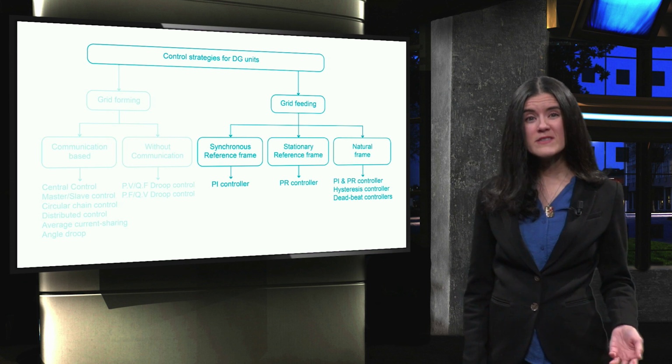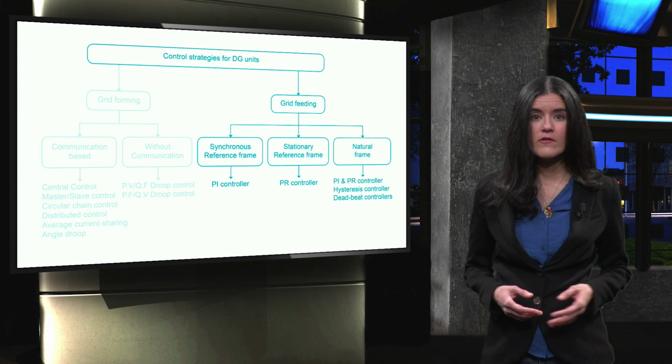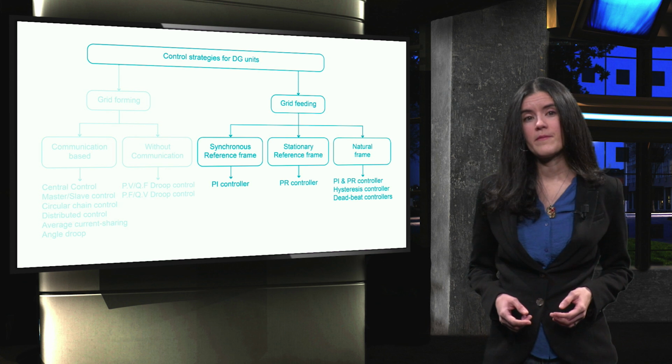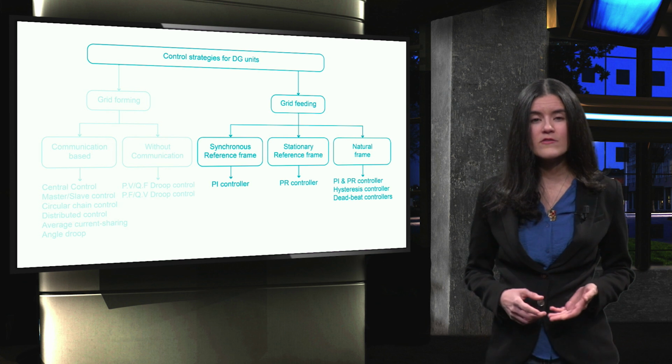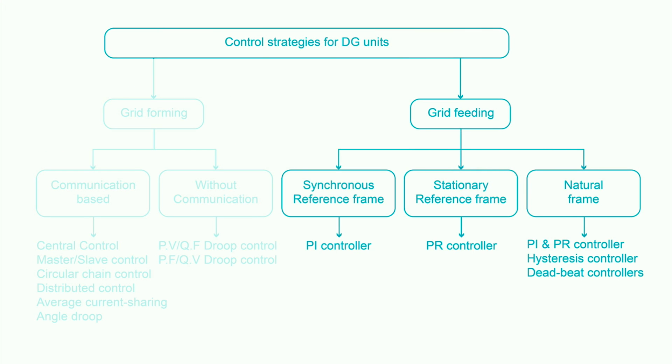Grid feeding types are typically implemented using synchronous reference frame, stationary reference frame, and natural frame. We have seen already that through a Clarke-Park transform, it is possible to adapt a three-phase ABC signal into a stationary frame alpha beta, and then into a rotating DQ frame.